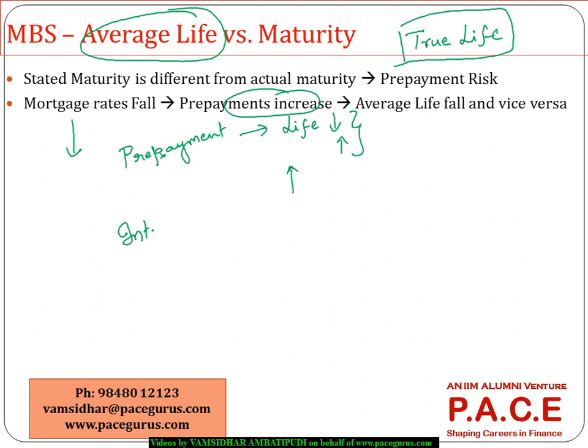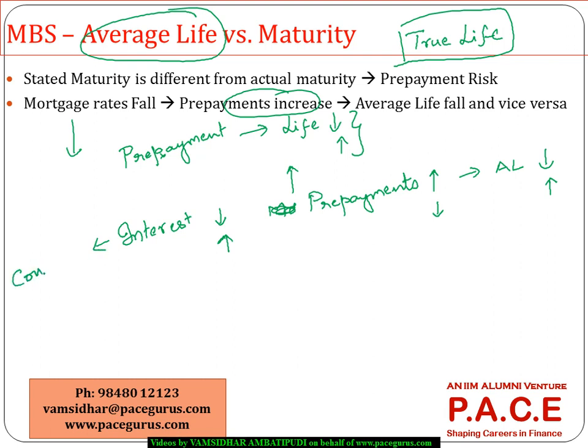Interest rates decrease, mortgages or prepayments increase, so that means average life will decrease. Similarly, if the interest rates increase, prepayments decrease and average life will increase. When the interest rates go down, we call it contraction risk, and when the interest rates are going up, we call it extension risk.